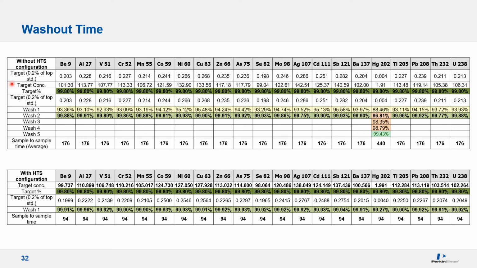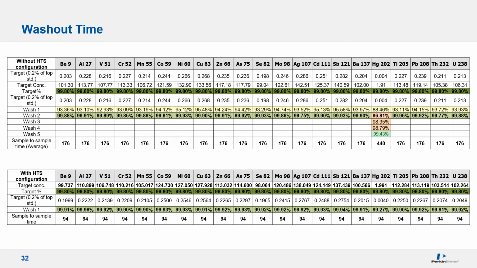Here you can see the target concentration of the sample and the percent recovery. However, when it came to rinse, all elements failed within the first rinse cycle.